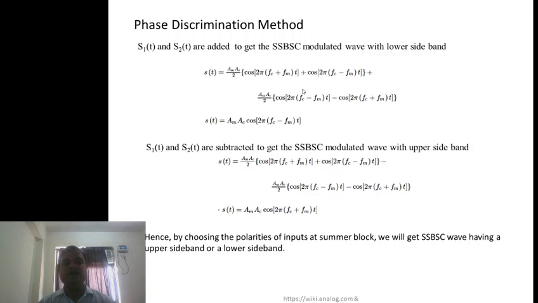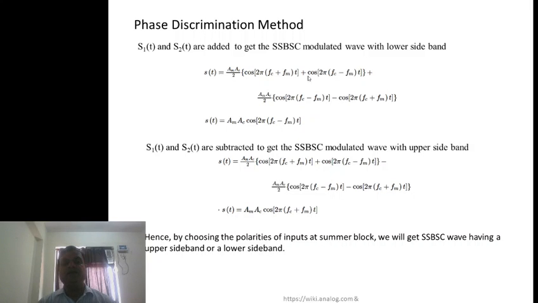Here we see fc minus fm, and here again fc minus fm. If we consider fc plus fm and fc plus fm in the second case, here it is positive, here it is negative, so that will cancel out.